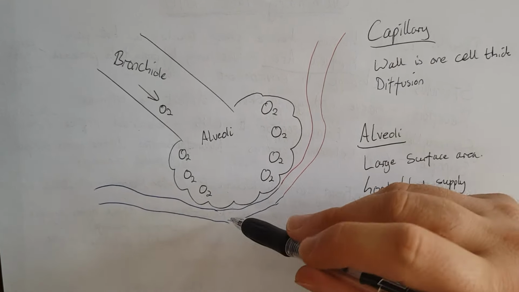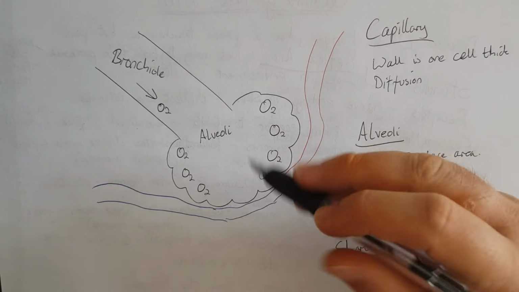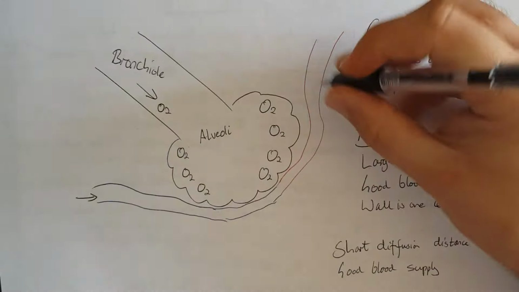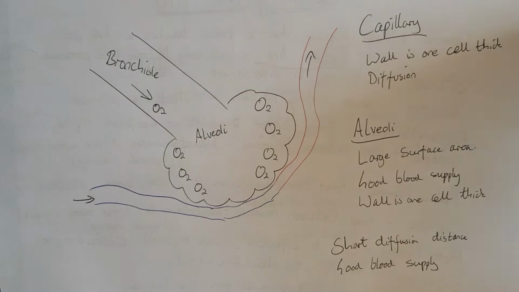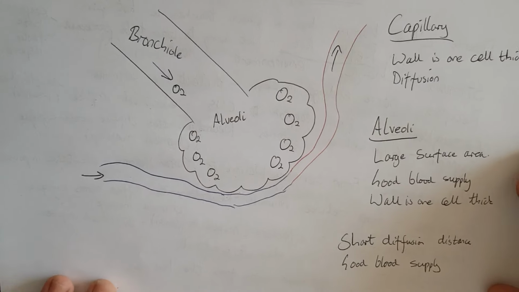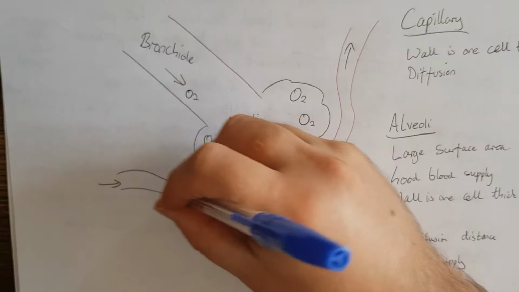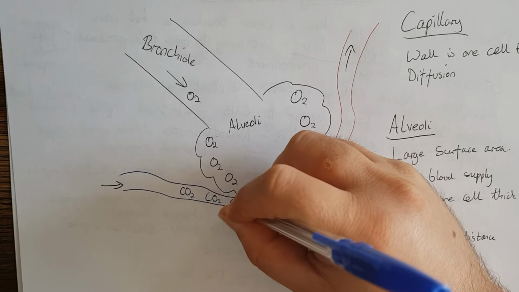Now you can see that I've drawn my capillary in 2 different colours. I've drawn one blue and one red. So my blood is going this way. Now in my blue part of the capillary, it is deoxygenated blood, so there is a lot of carbon dioxide in the blood.